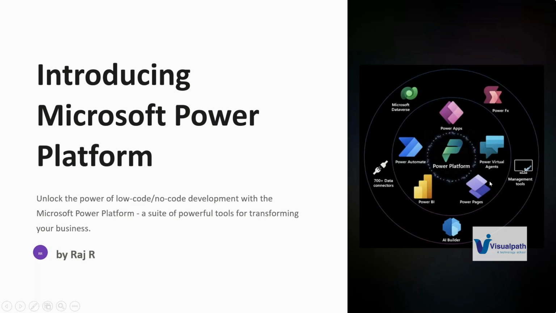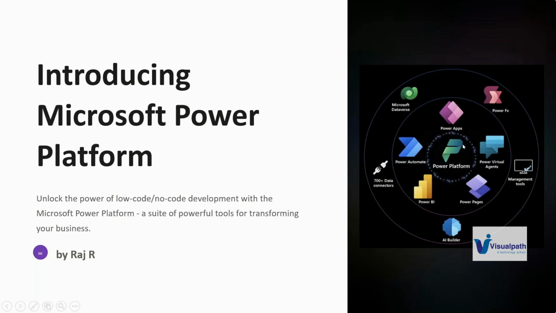And coming to Power Pages, this is used to develop websites, whereas Power Apps is used to develop applications for Windows, tablets, and mobile phones, whereas Power Pages is used to develop websites for the organization and external organizations also.